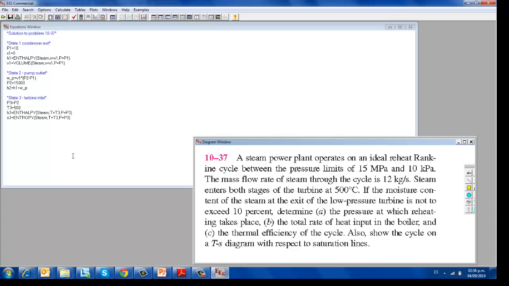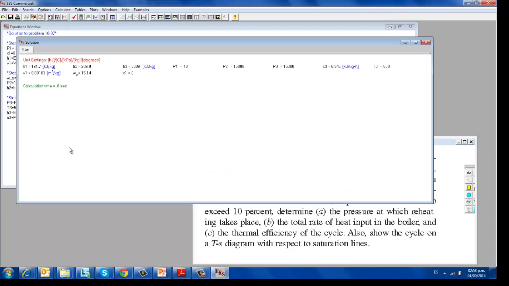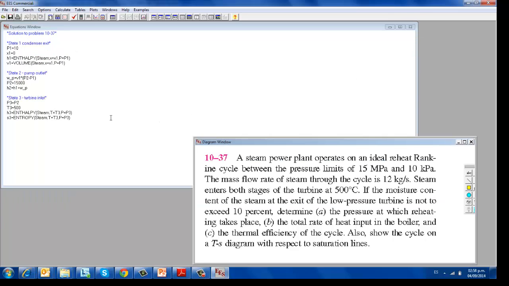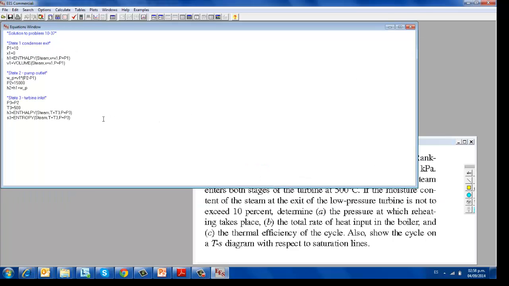We can press F2 to check that we don't have any problem, and we cannot go to state 4 because we don't know it, or state 5 because we don't know the pressure, but that was the problem when we were doing it by hand.